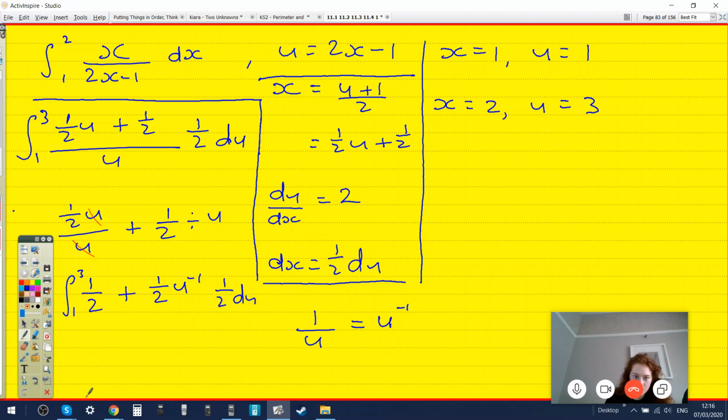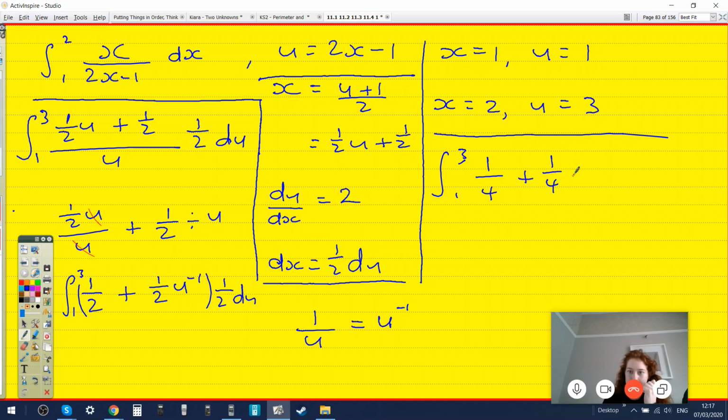Do we just need to times them? Yep. So the half times the half will just be a quarter. So then it'll be a quarter plus a quarter u to the minus 1.